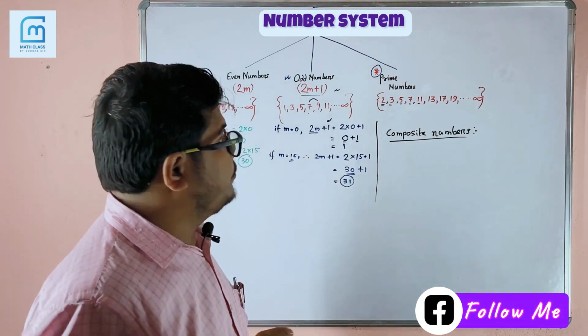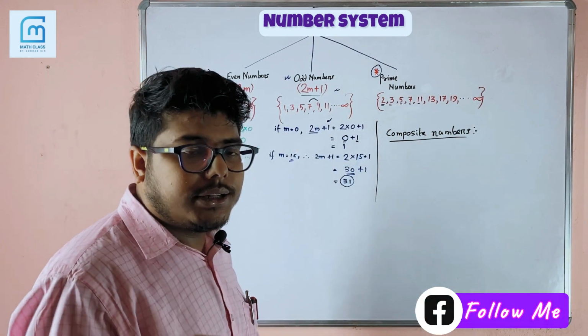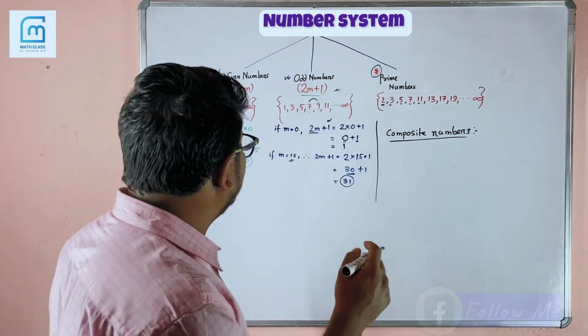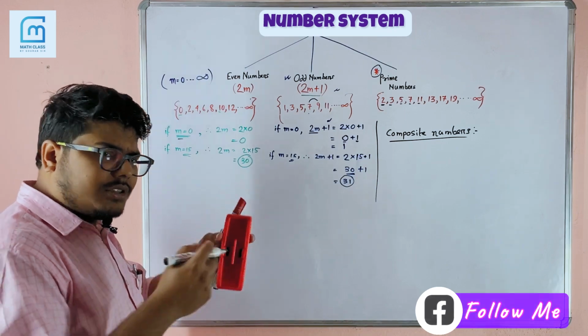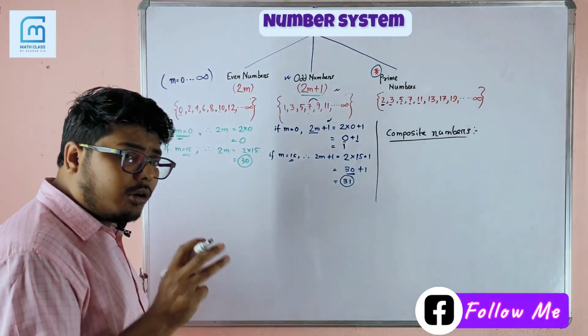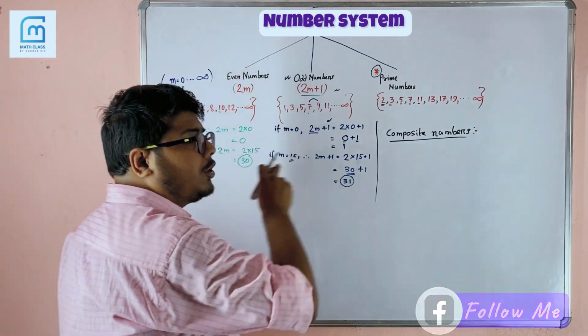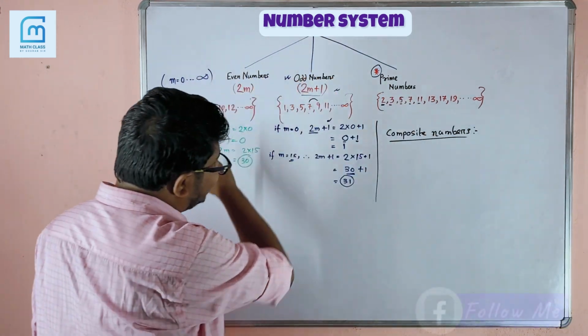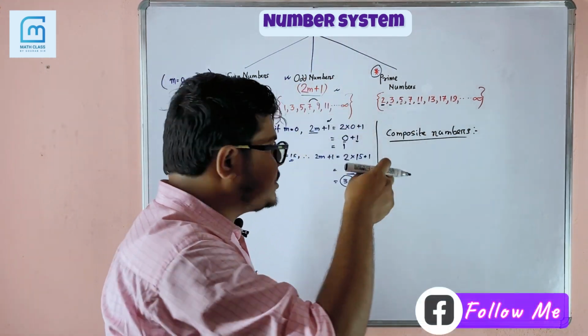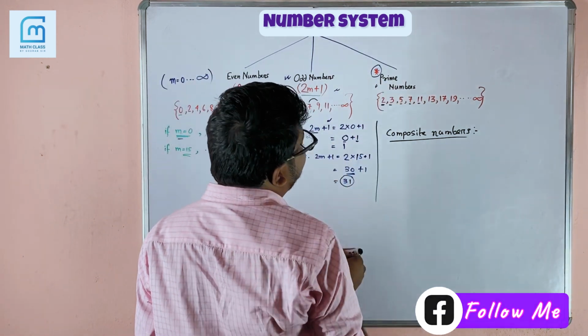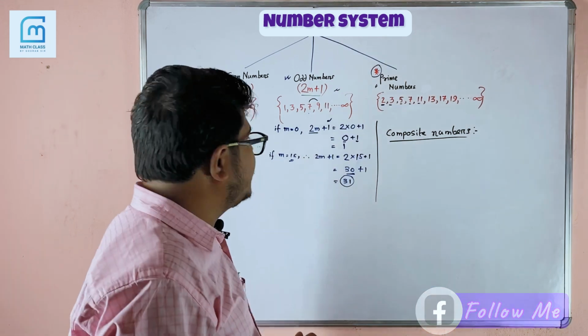In the number system, we already know that on the positive side the numbers start from 0, and we are not talking about negative integers. From 0 it goes up to infinity. In this range, the numbers which are not prime numbers are all composite numbers.